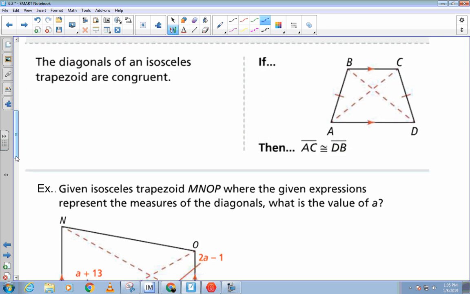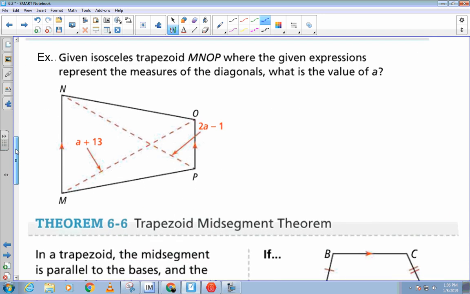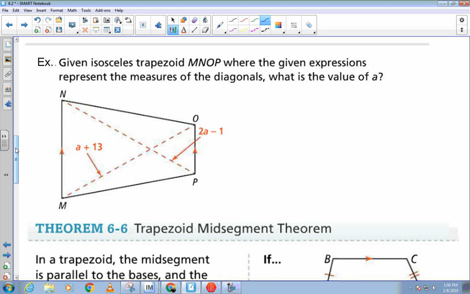The diagonals of an isosceles trapezoid are congruent. Okay? So the legs are congruent in an isosceles trapezoid, and also the diagonals. Right? And so, find the value of a.